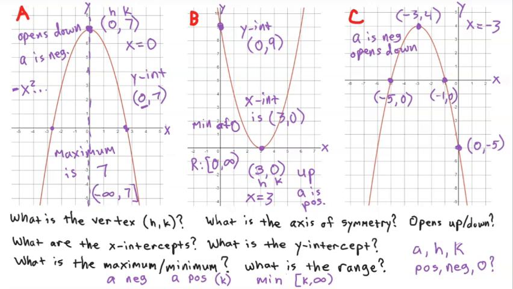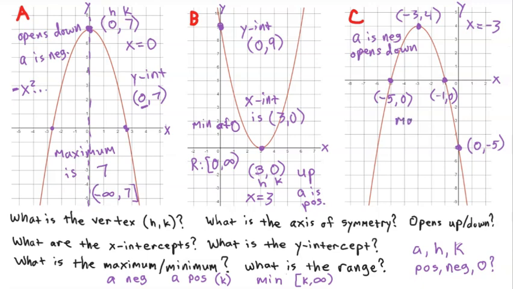Well, since A is negative, that means that this one has a maximum, and this is the maximum point, and it's the k value, which is 4. Okay, so the axis of symmetry is the h, the x value of the vertex, and the maximum or minimum is the y value of the vertex. See, the vertex gives us lots of information.